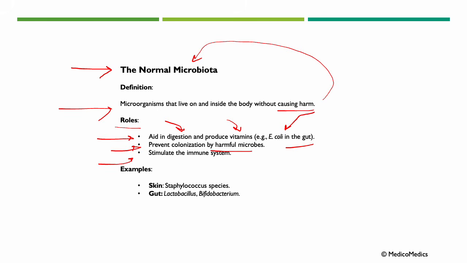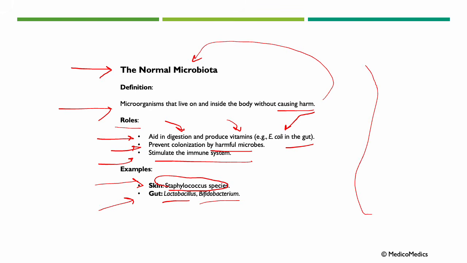It helps stimulate the immune system. Some examples: in our skin, we have Staphylococcus species. In our gut, we can find Lactobacillus, Bifidobacterium, etc. These normal ones are like a built-in defense system and some kind of helper team. They all have positive benefits.